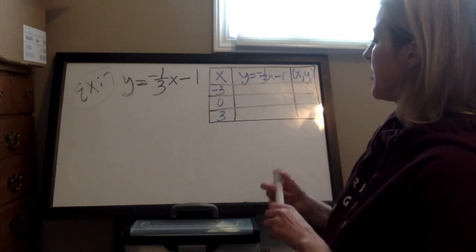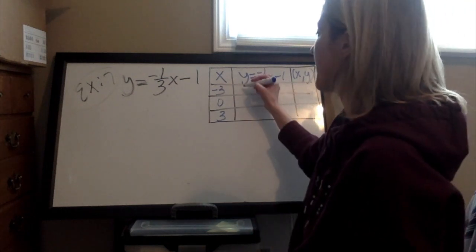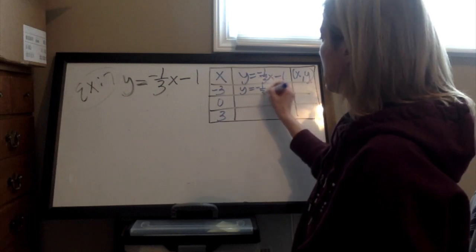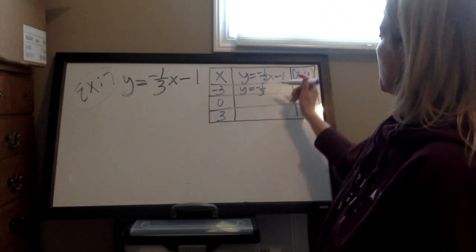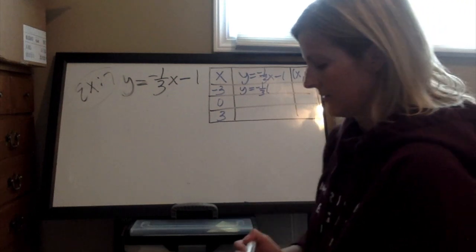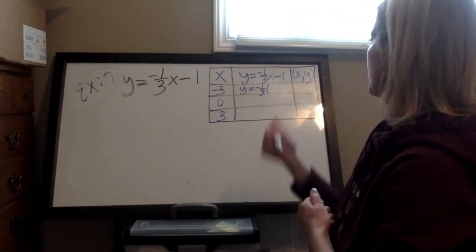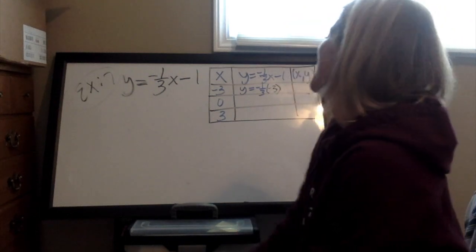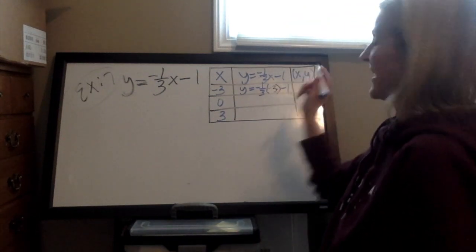Okay, so now you're going to plug in the numbers. So you're going to rewrite the equation. So y equals -1/3 times -3 minus 1.